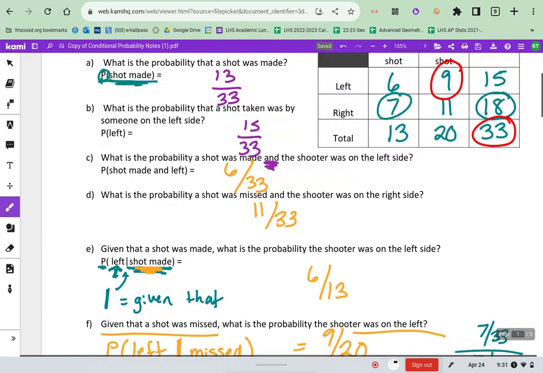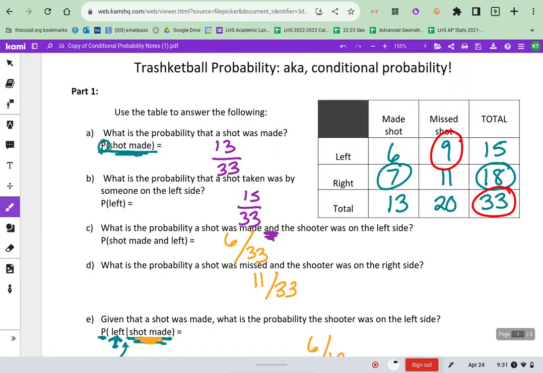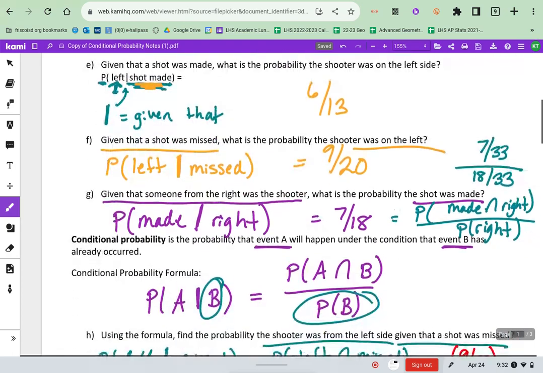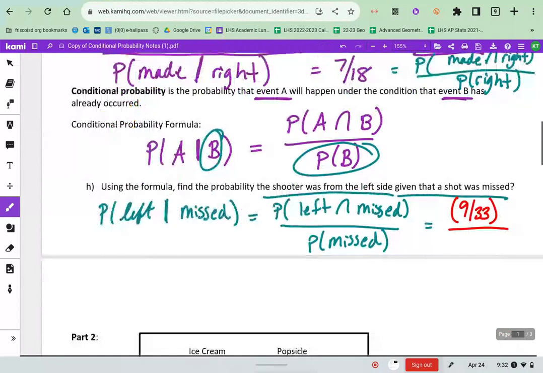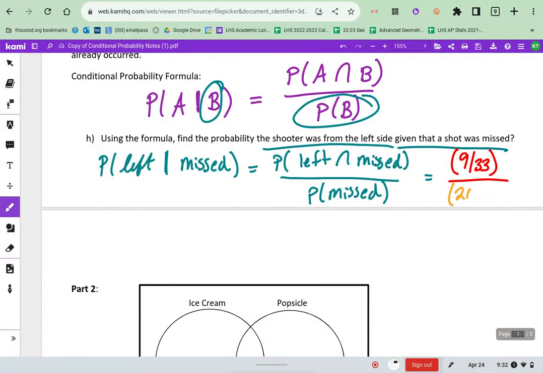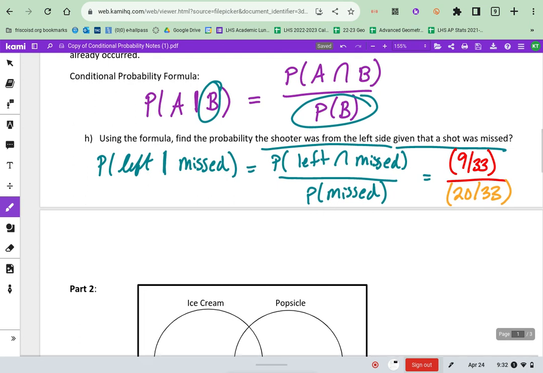So the probability that any given shot was missed, well, let's see, we had 20 total missed shots out of 33 total shots. So 20 out of 33 is the probability that any given shot was missed. All right, so this would simplify to 9 out of 20.